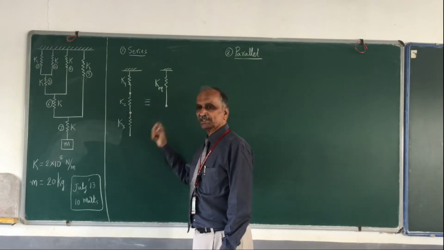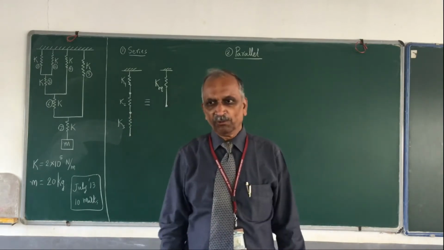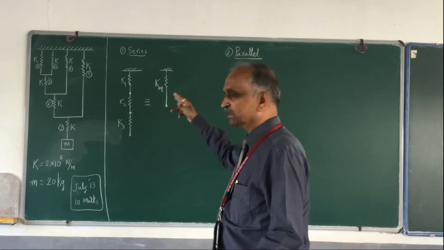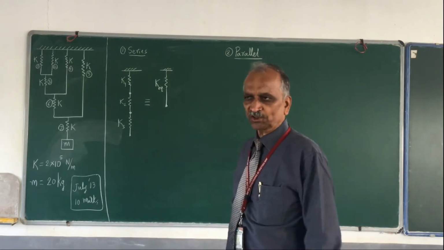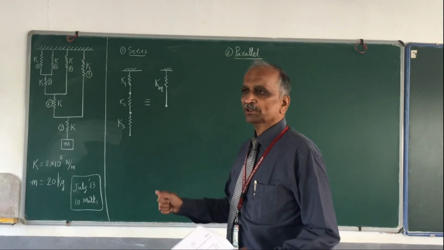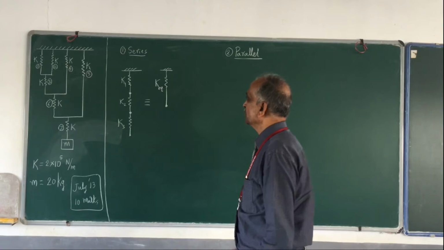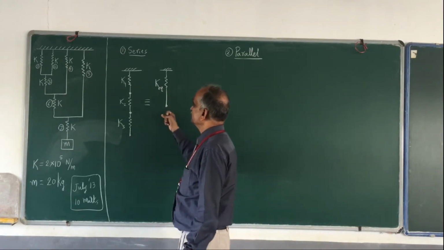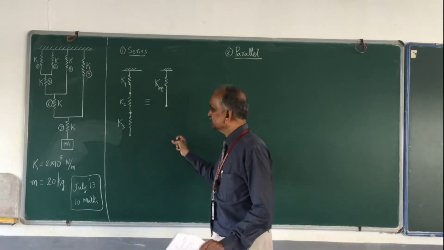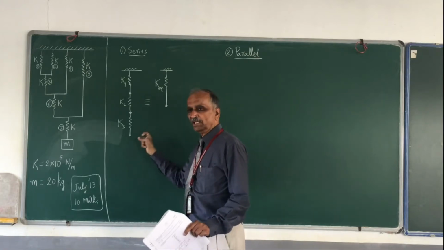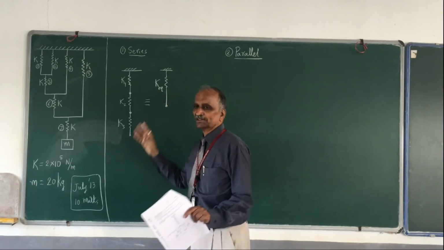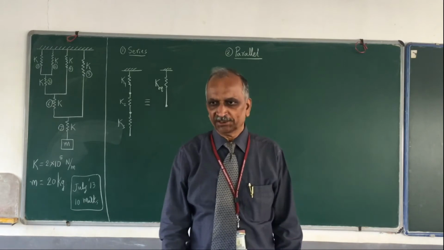These 2 systems are said to be equivalent if both systems are subjected to the same force and undergo the same amount of deflection. The extension of this system and the extension of this system, if they are the same when we apply the same force, then the 2 systems are said to be equivalent to one another.